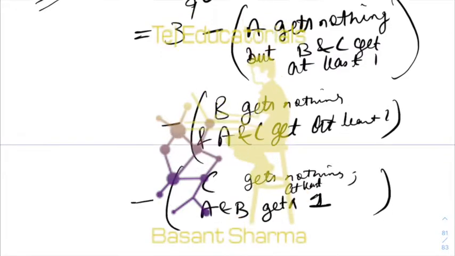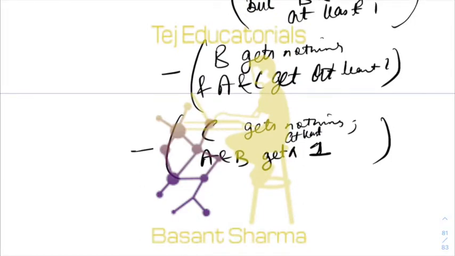right? And there will be a case when 2 people get nothing and the third one gets at least 1, right?